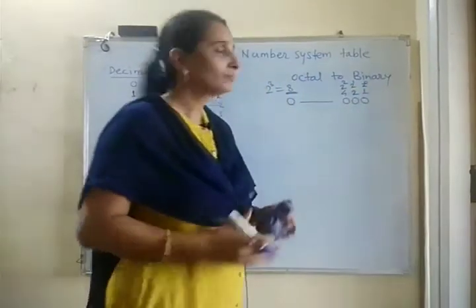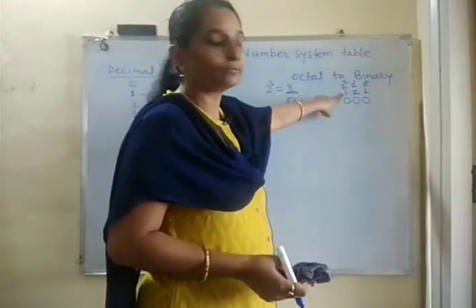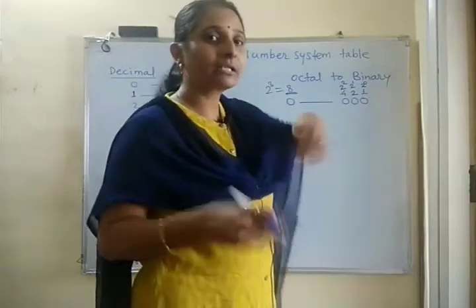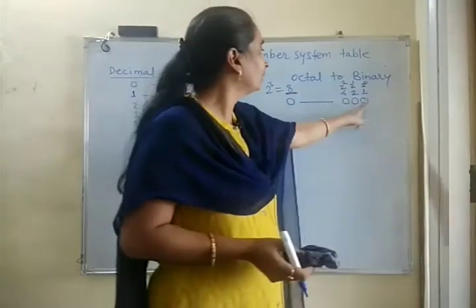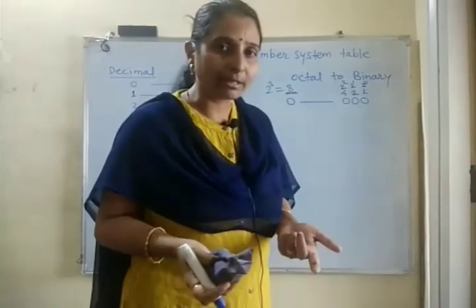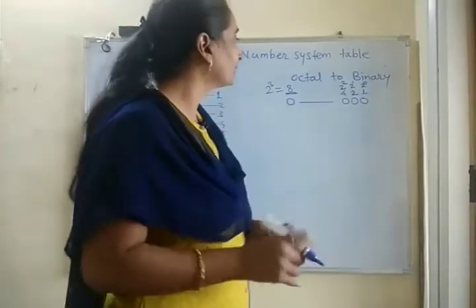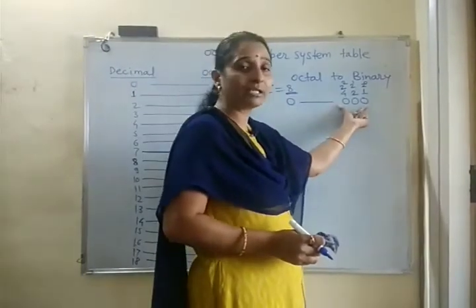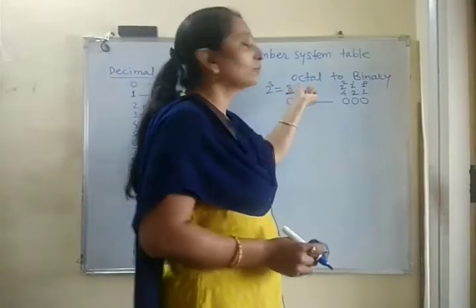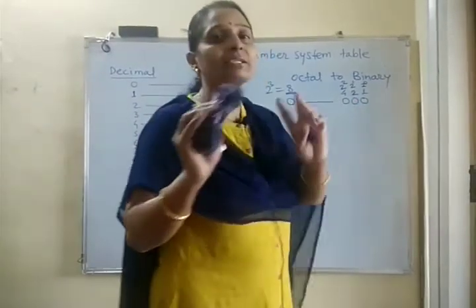Whenever you are converting any number to binary, we should represent it in 0 or 1 format. That's why we have taken only 3 bits here: 2 raised to the power 3 means 8, and to represent these 0 to 7 numbers of octal, 3 bits are sufficient.